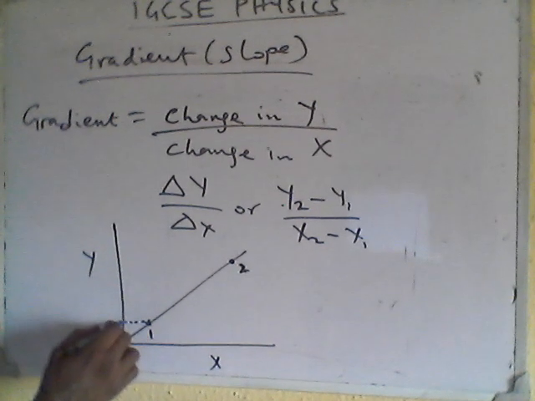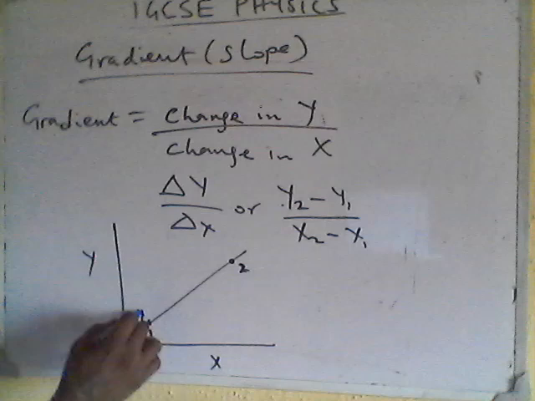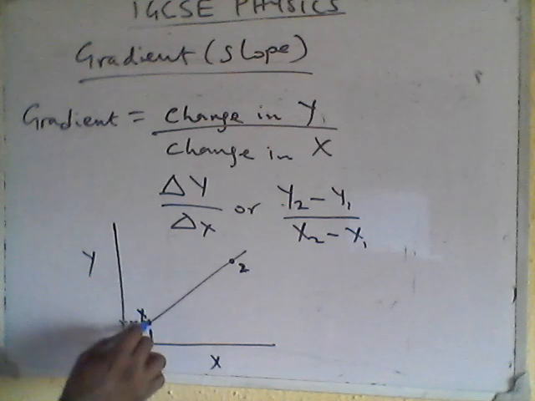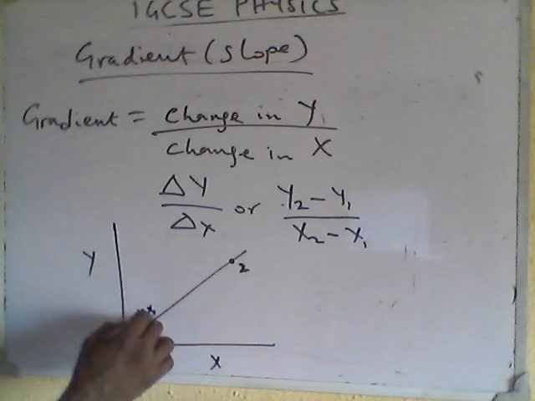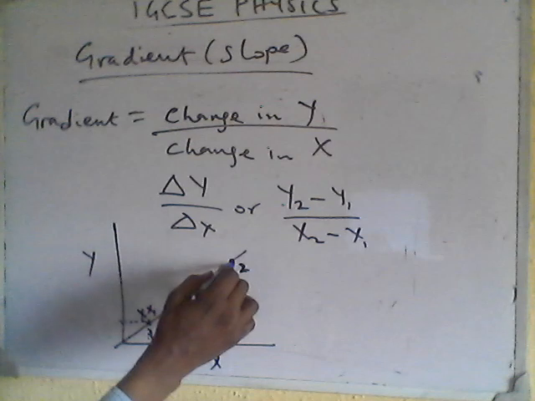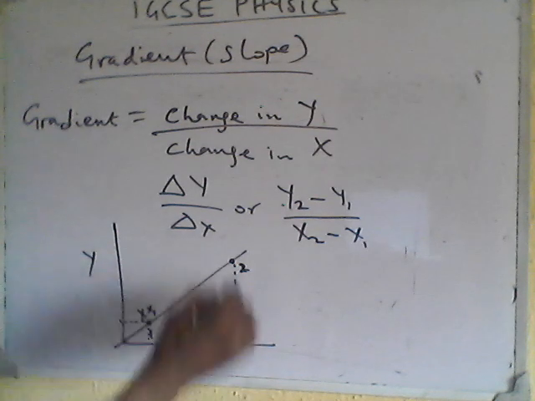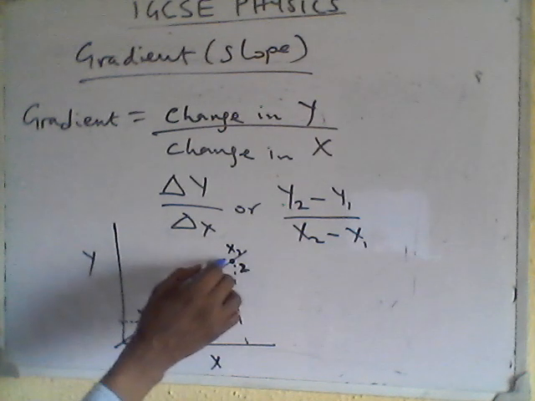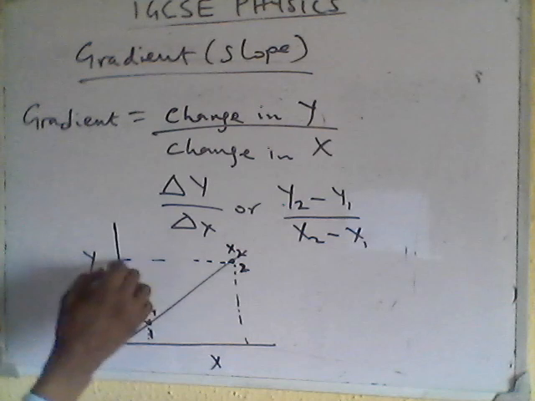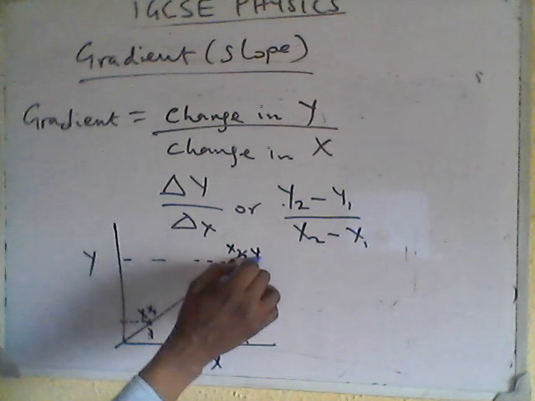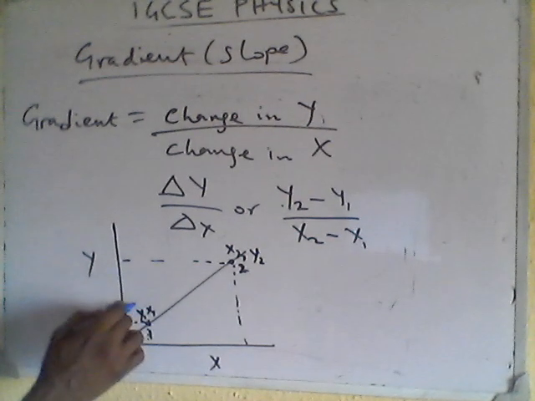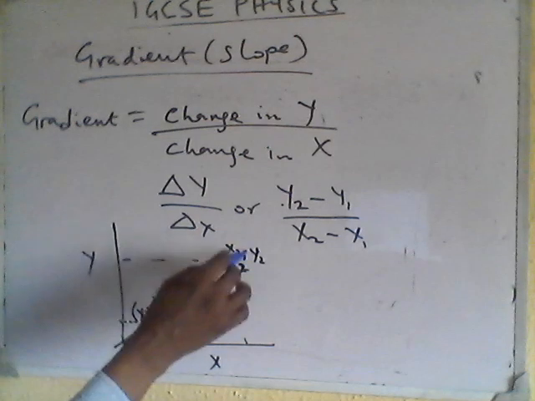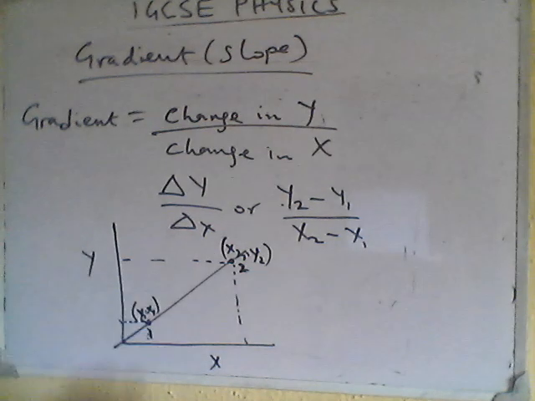The reference on the y-axis is known as y1, and on the x-axis is x1. For this point, the reference on the x-axis is x2 and on the y-axis is y2. So at every point there are two Cartesian coordinates representing that point.